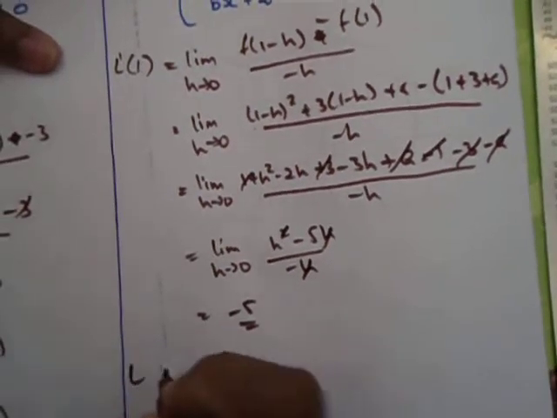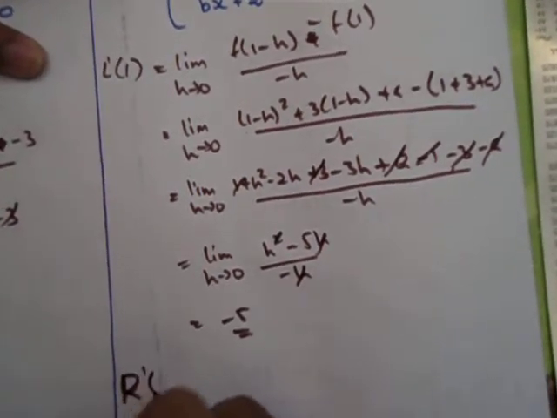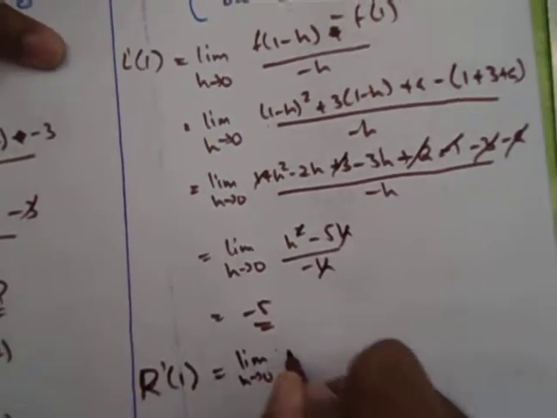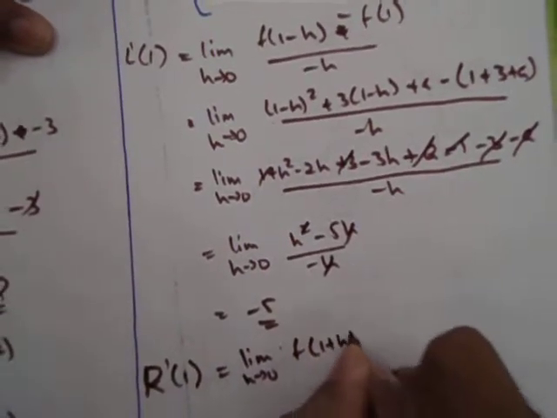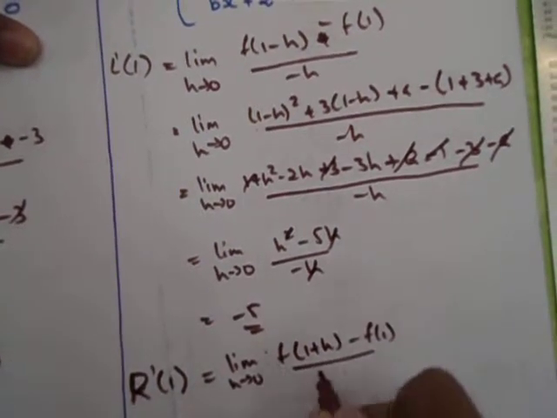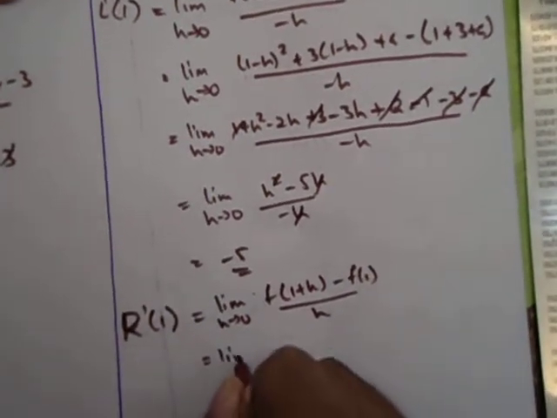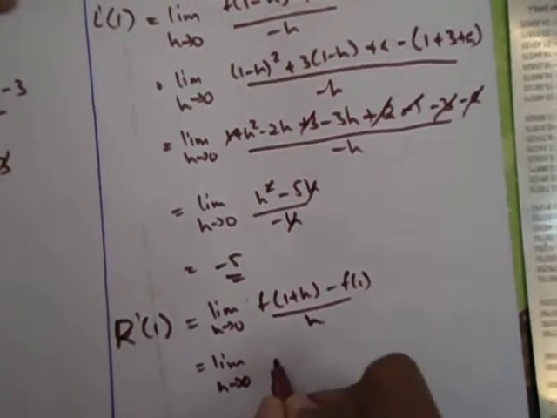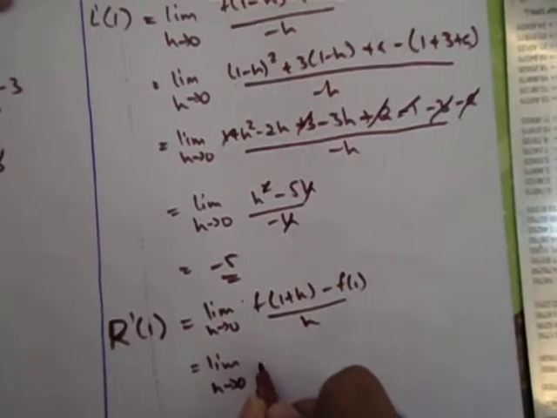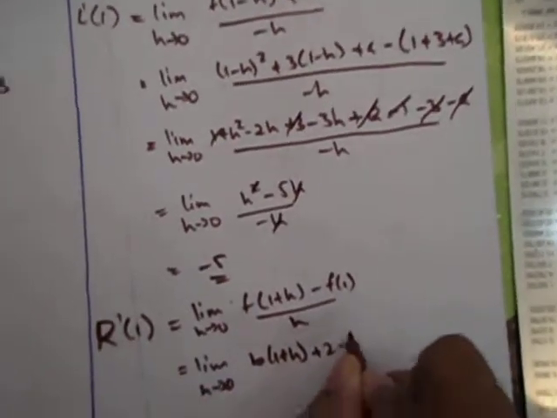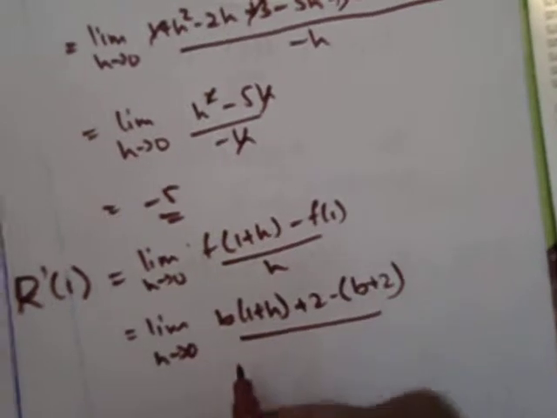And the right derivative at 1 will be limit h tends to 0 f of 1 plus h minus f of 1 by h. So this is equal to limit h tends to 0, when we substitute 1 plus h, we get b into 1 plus h plus 2 minus b plus 2 by h.